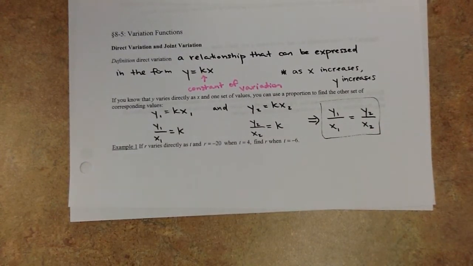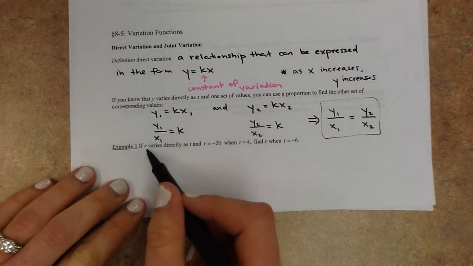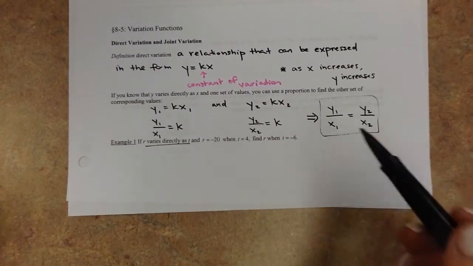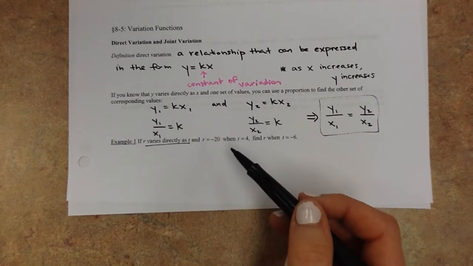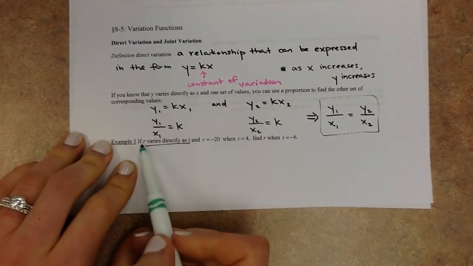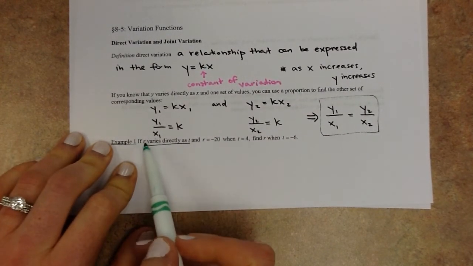And we're going to show you an example with example number 1 here. So if we say r varies directly as t, that opening sentence is what tells us that we're going to use this right here. Just because I have x and y right here doesn't mean I need x and y in every formula. This uses r and t, which is totally fine. So typically, whichever one they list as r, like they say r varies directly, that means that's the y.